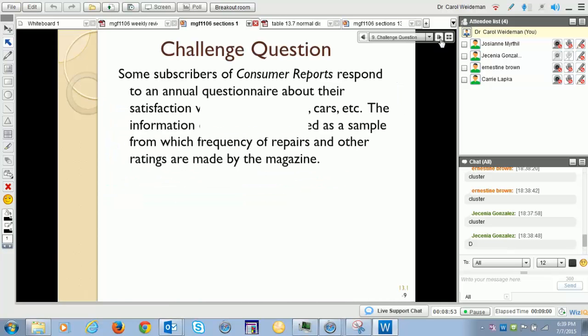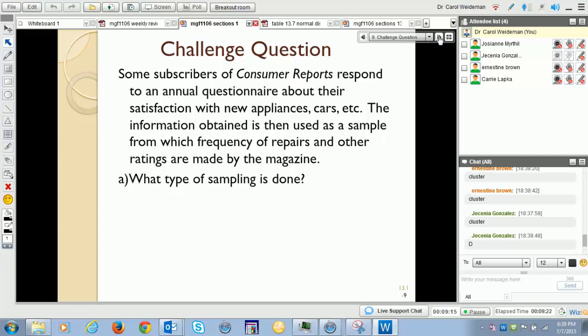All right, challenge question. I like this question because it kind of makes you think a little bit. Some subscribers of Consumer Reports respond to an annual questionnaire about their satisfaction with new appliances, cars, etc. The information obtained is then used as a sample from which frequency of repairs and other ratings are made by the magazine. So the first question is, what kind of sampling is Consumer Reports doing?